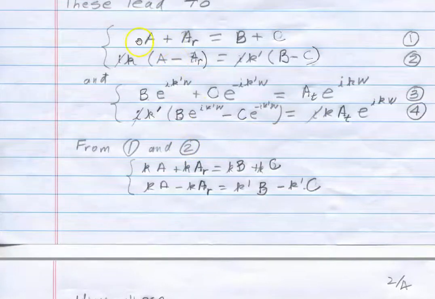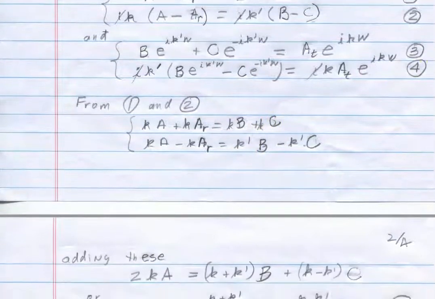What I'll do in the process, I think we've done something kind of similar to this. I'll multiply this one, equation 1, by k, and when I do that, I get this result. And that allows me to add these two equations on this side. The AR term will go out, and I'll get a 2k, and I get some combinations over on the right-hand side as well.